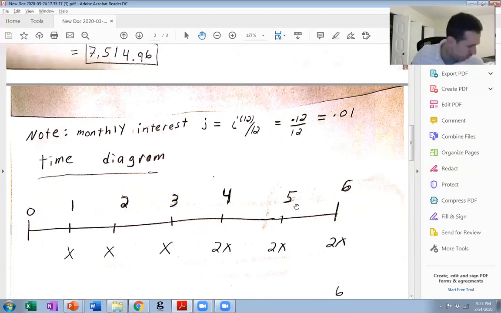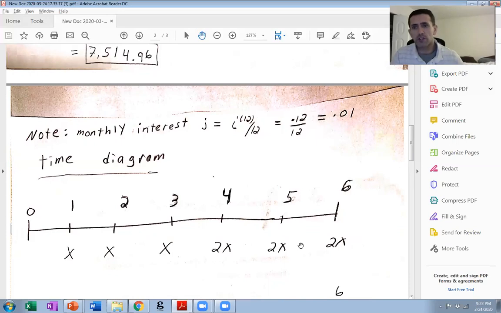Let's figure out what X is, and we absolutely have to do that no matter which method we use, because both methods require we know some of the loan payments.